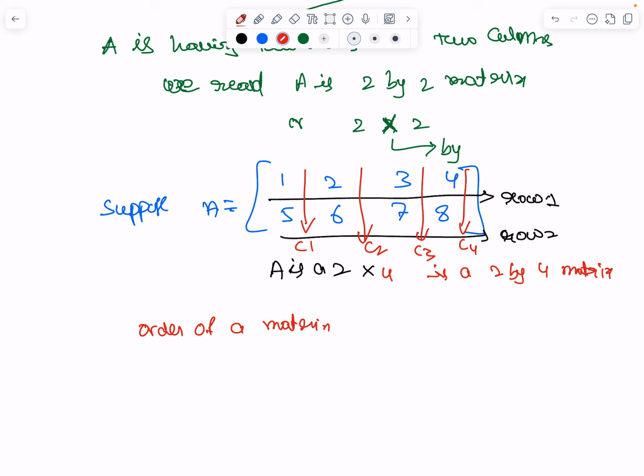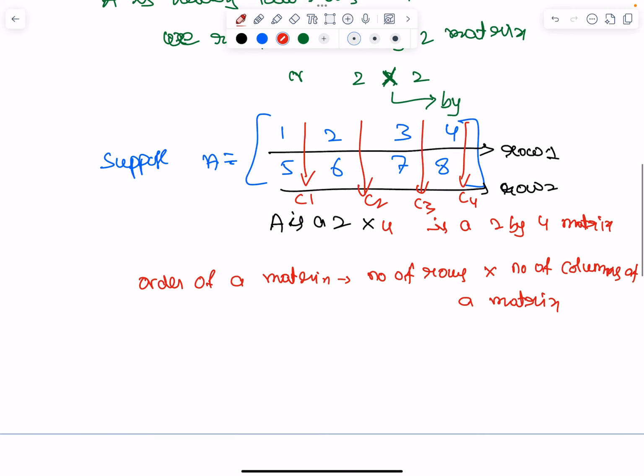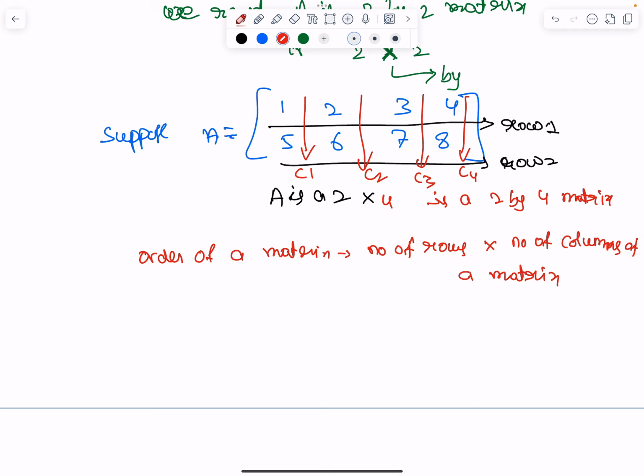So, order of a matrix is nothing but number of rows by number of columns of a matrix. This is how you say which size or which order the matrix is.